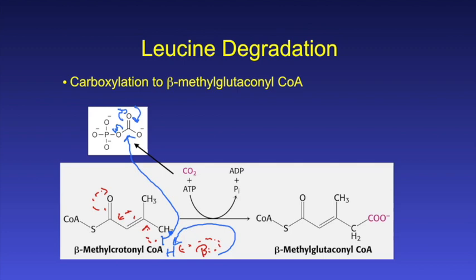Okay? But we're not in an organic flask. This base is not floating around that can interact with everything. The base only reaches that methyl group. That is the only one that gets deprotonated. That's the only one that can attack. Okay? Beta-methylglutaconyl CoA.